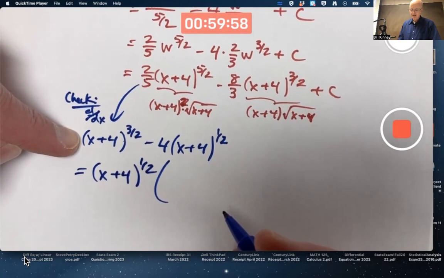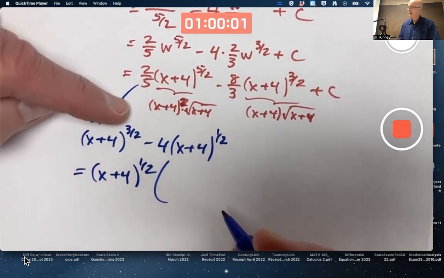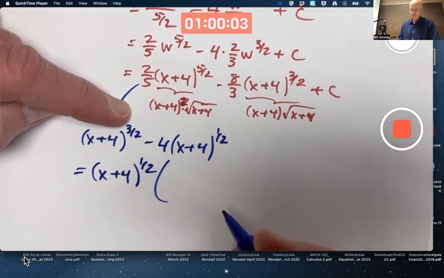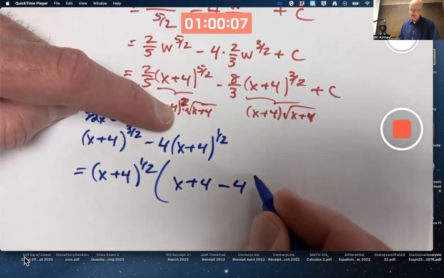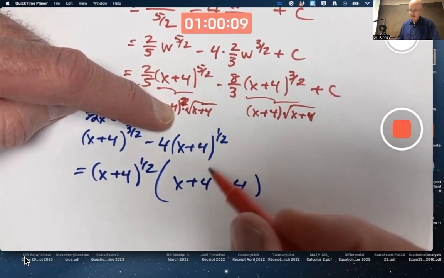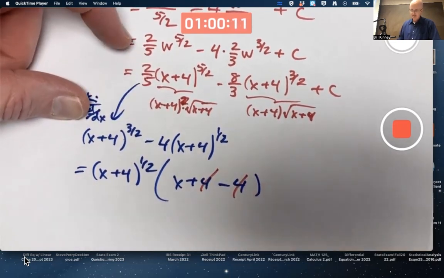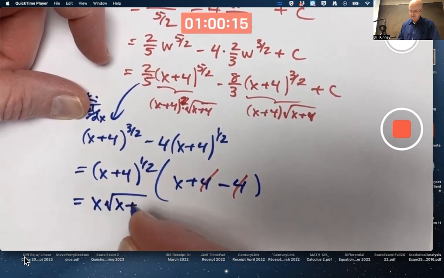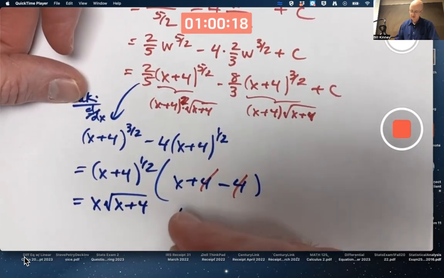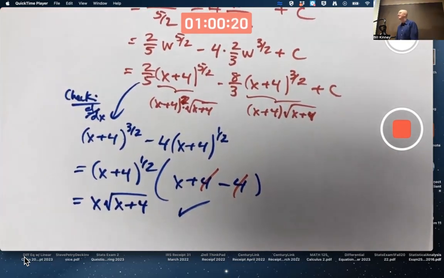What's left here is x plus 4 to the first power. 3 halves is 1 plus 1/2. And what's left there is minus 4. Hey, those 4's cancel. 1/2 power is the same as the square root. We do get the original integrand. Check. So it works, but it's a little tricky.